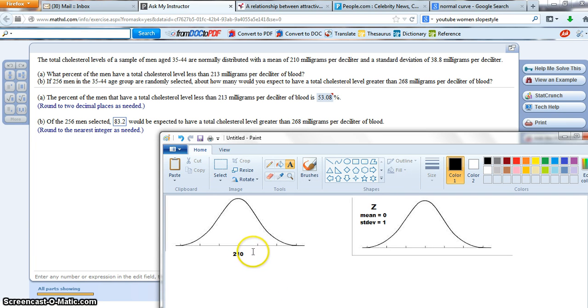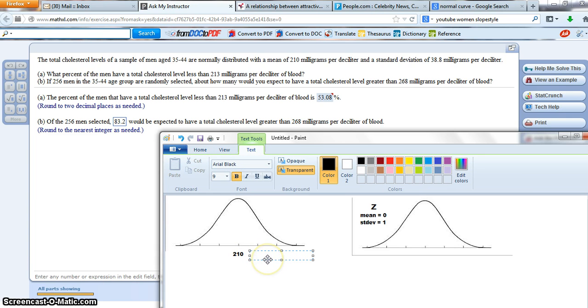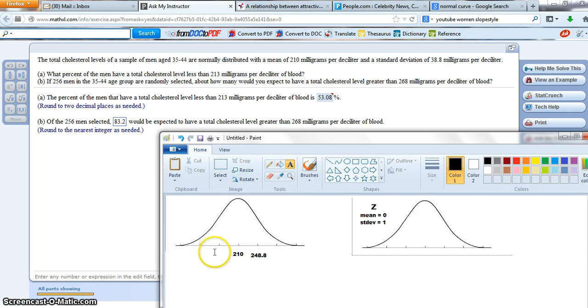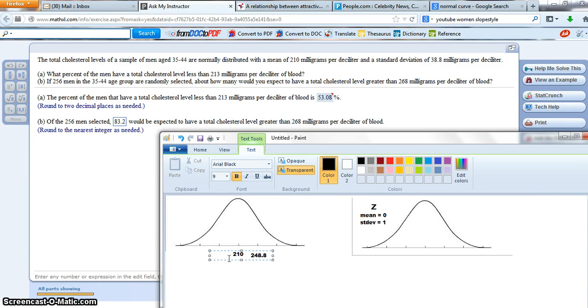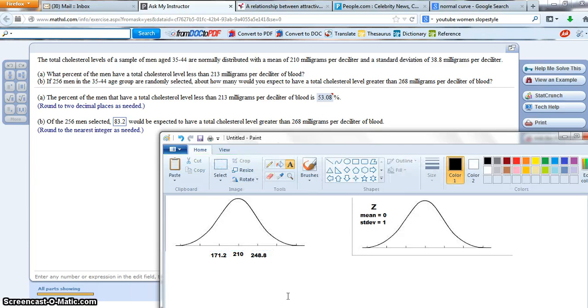So if we go up one standard deviation, that's going to be at 248.8, 210 plus 38.8. And if we went down one standard deviation, we'd have an inflection point down here at 210 minus 38.8, which is 171.2.